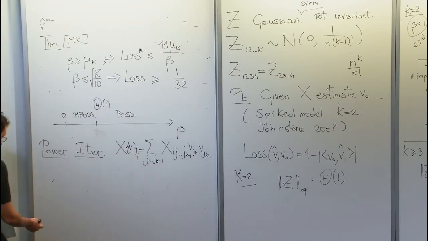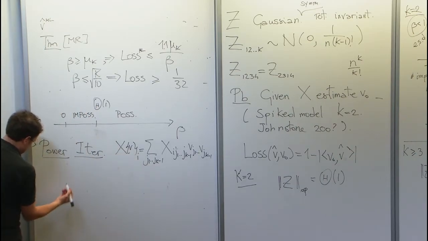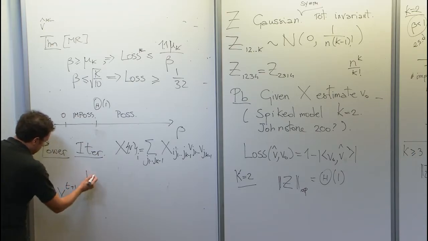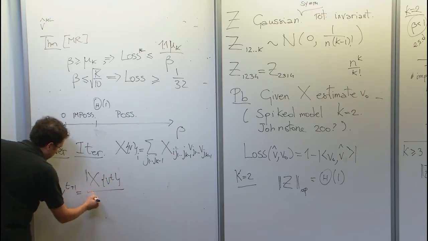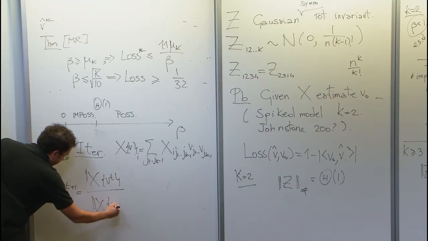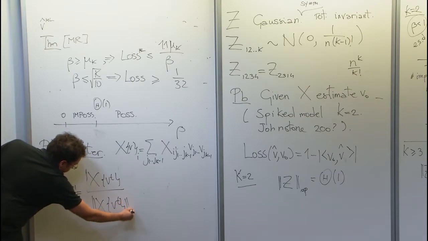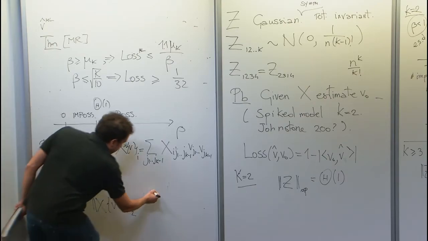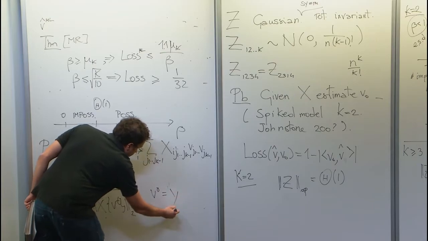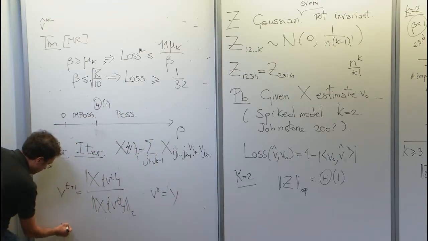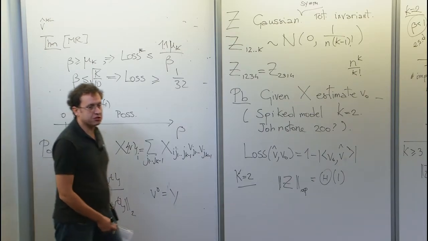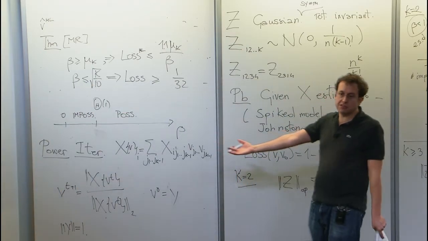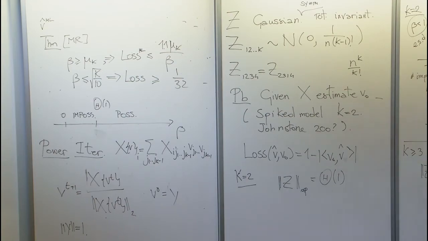And what I'll do is iterate the following: v^{t+1} equals x contracted with v^t, over the norm of x contracted with v^t. And I initialize v^0 equal y for some y of norm 1. Why do I want to initialize to some non-trivial point? Because if I initialize to 0, this is not even well defined.